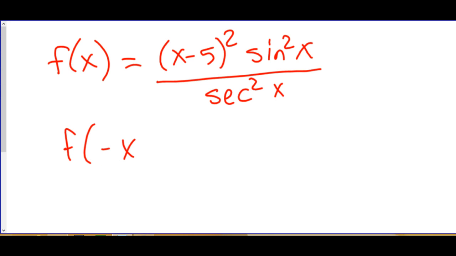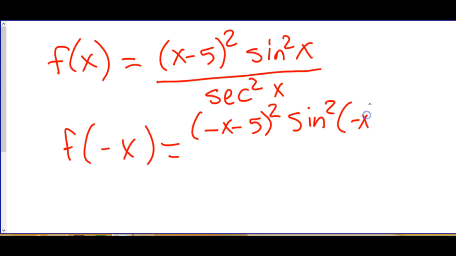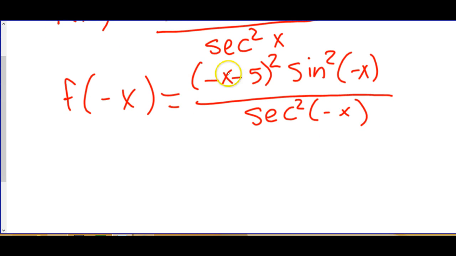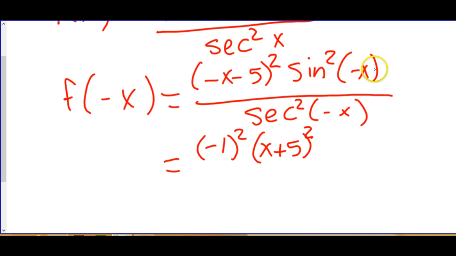I'm going to plug in negative x. So with our parentheses again, we want to factor out a negative 1, like I showed you in one of those beginning examples. So we'd have negative 1 squared times positive x plus 5, all squared, sine squared of negative x. We're going to focus on the sine of negative x part, which we know comes out as negative sine x.